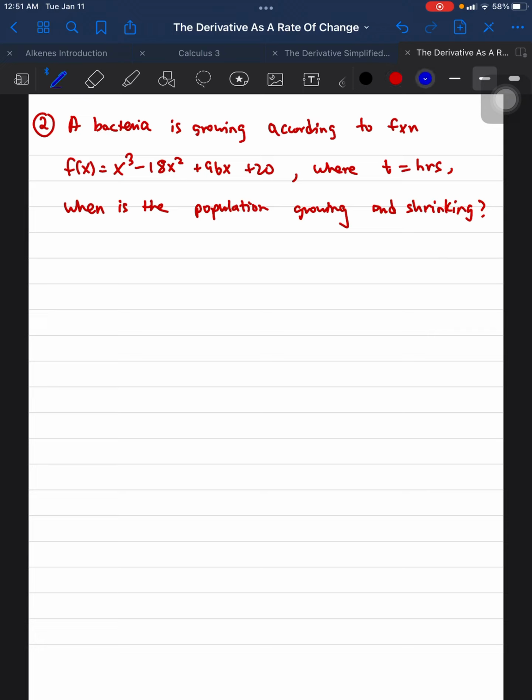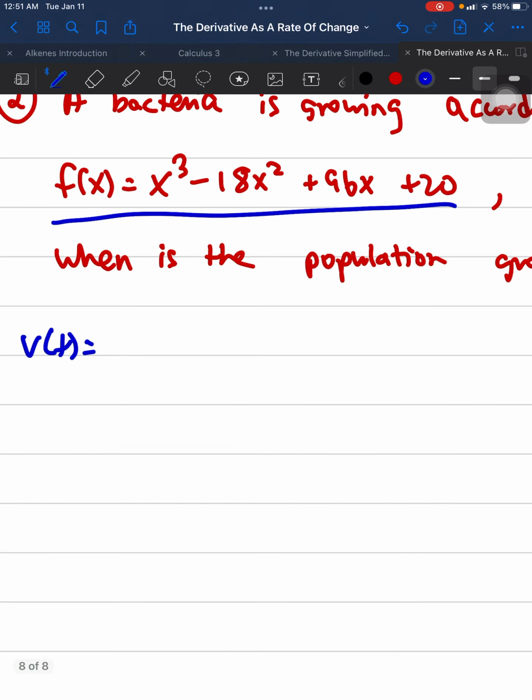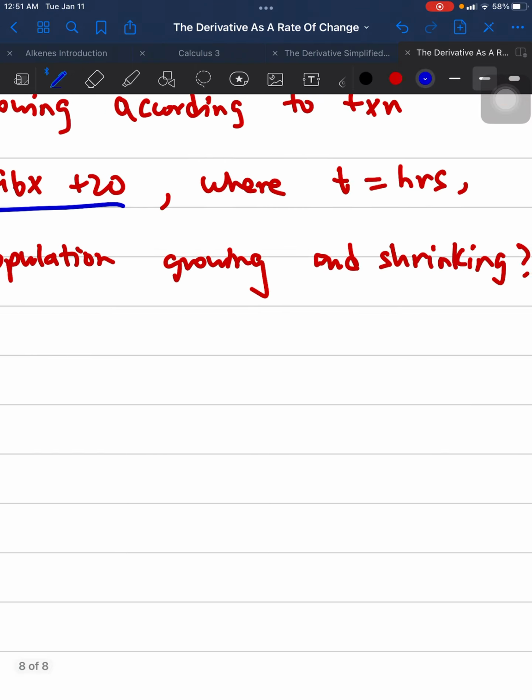First, identify the acceleration function. Identify the velocity, and we already know the position function right here. So all we need to do is find the velocity and the acceleration function, and then once again pick points and compare.